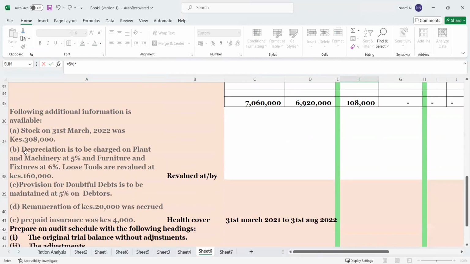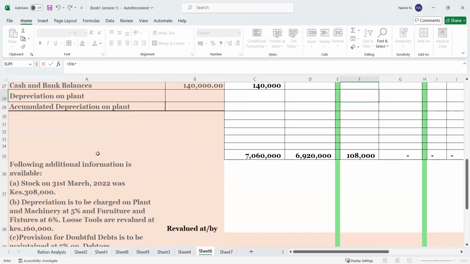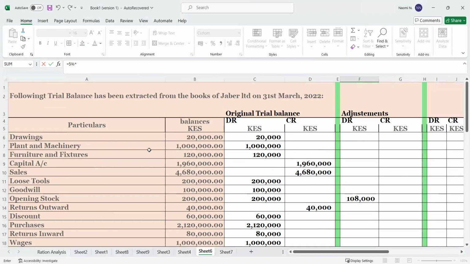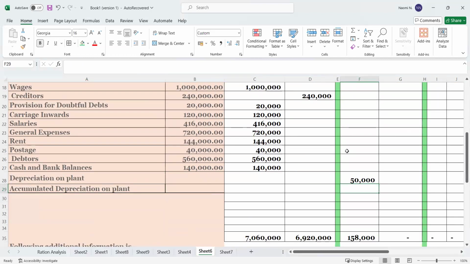They are saying depreciation is to be charged on plant and machinery at 5%. Guys, here is my formula: 5% of the plant and machinery cost, the cost amount I'm being given.